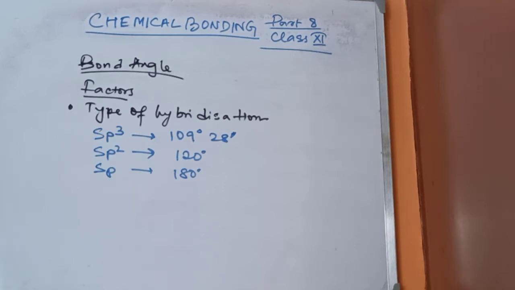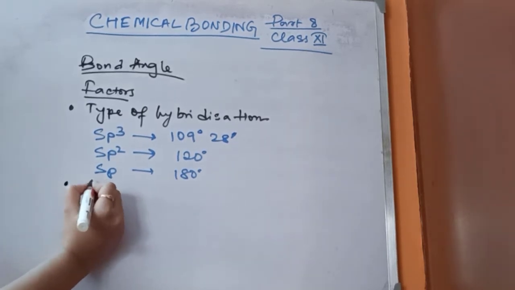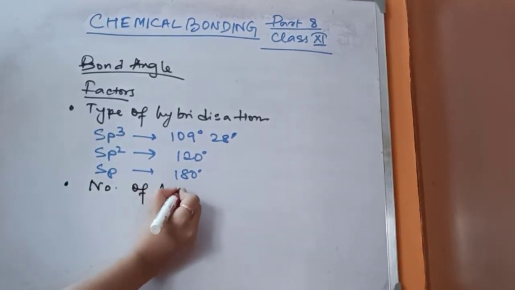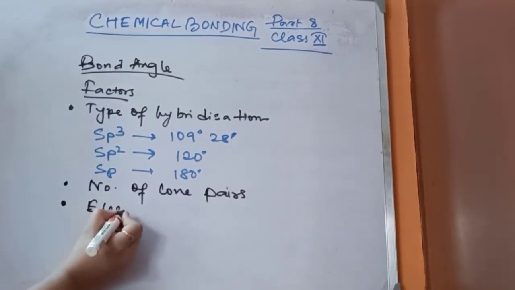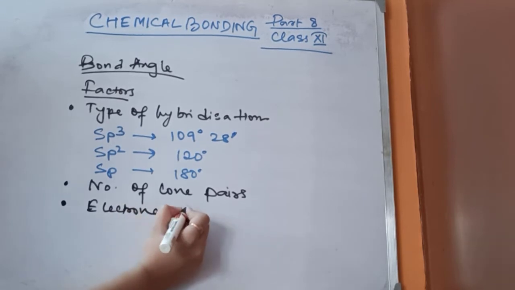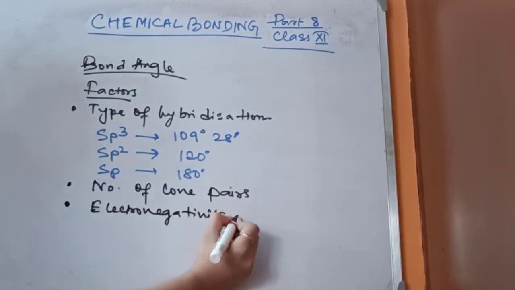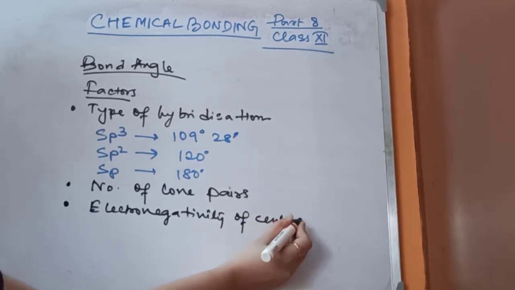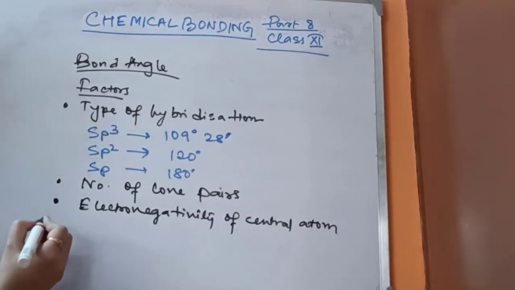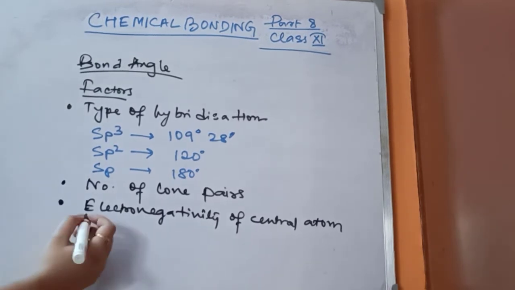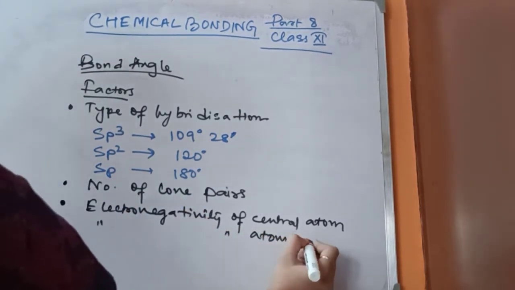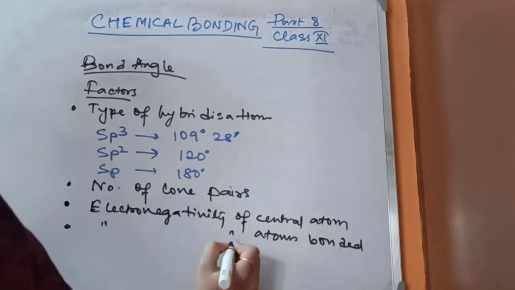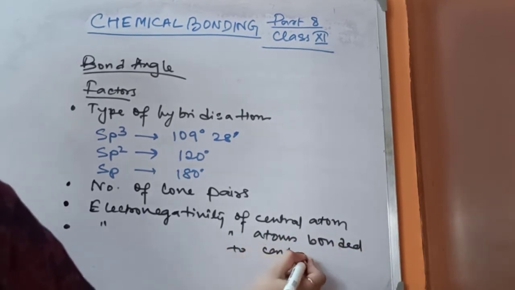Next, there are three factors. One is the number of lone pairs on the central atom. Next is electronegativity of central atom, and the last one is electronegativity of atoms bonded to central atom.